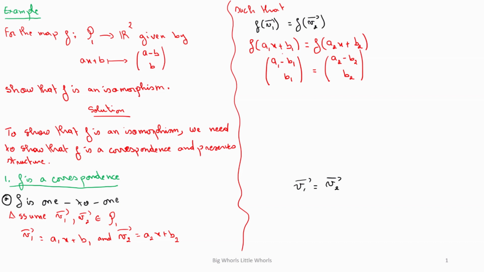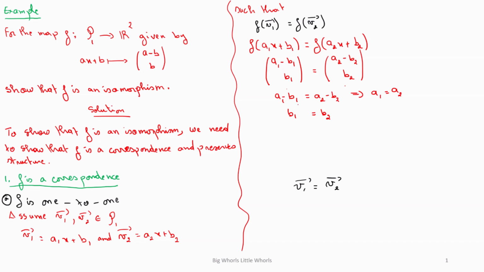For two vectors to be the same, they must have the same components. So A1 minus B1 equals A2 minus B2, and B1 equals B2. Since B1 equals B2, here as well A1 equals A2.